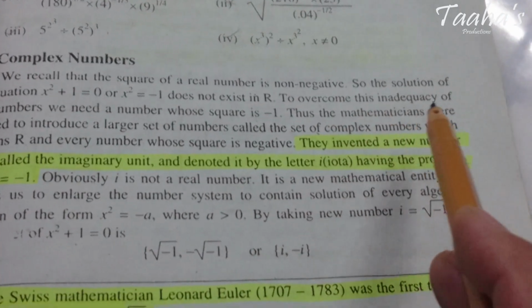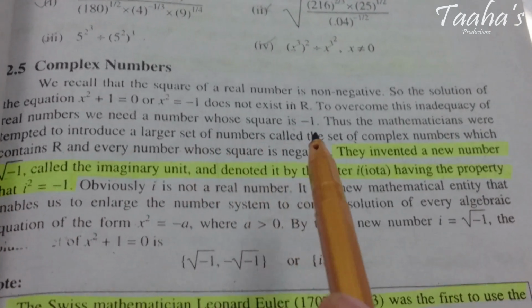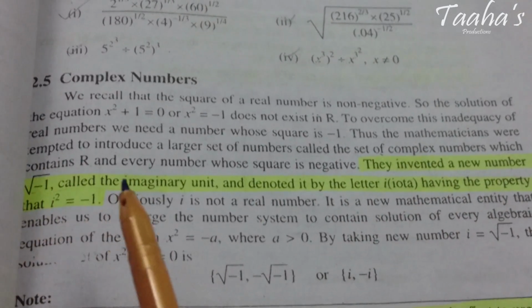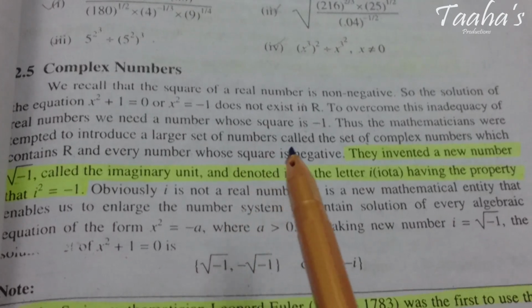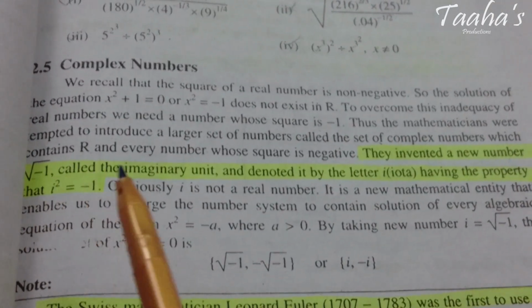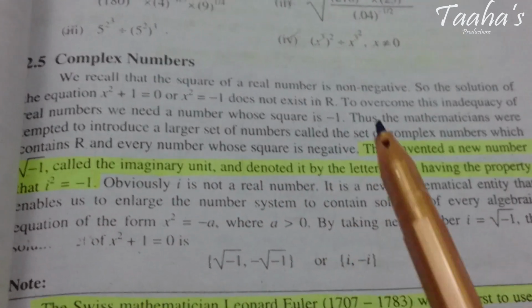To overcome this inadequacy of real numbers, we need a number whose square is minus 1. Thus, the mathematicians were tempted to introduce a larger set of numbers called the set of complex numbers, which contains R and every number whose square is negative.